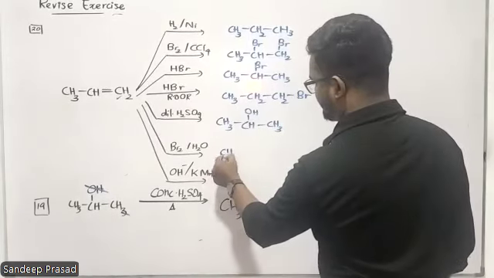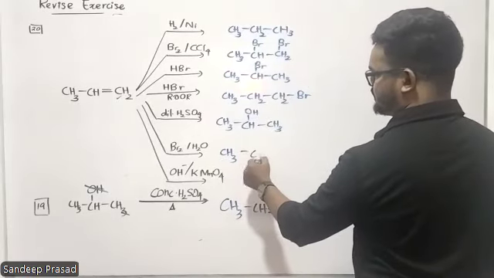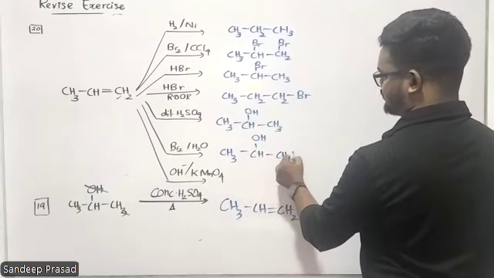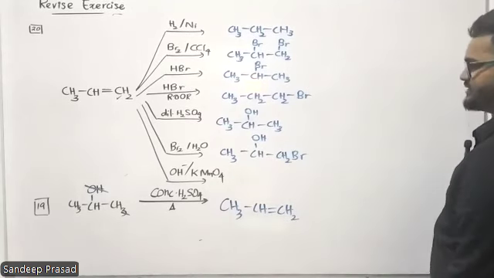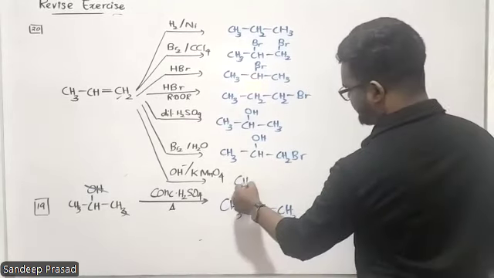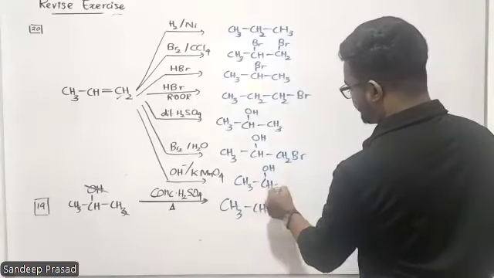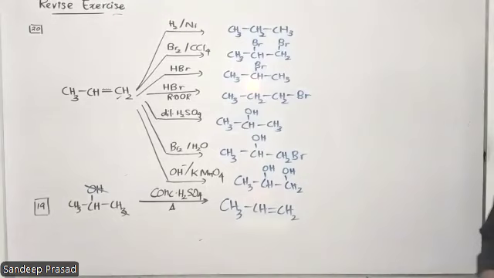And then Br2 with water: OH here and CH2Br. OH is acting as the negative one, and Br is acting as the positive one. With OH minus KMnO4, two OH groups are connected to the double bond carbon atoms in this way.